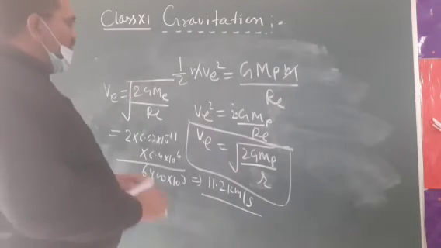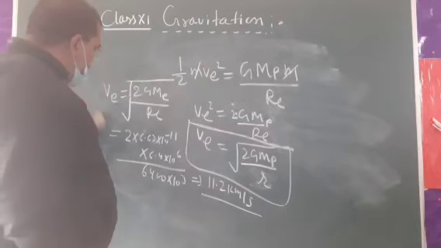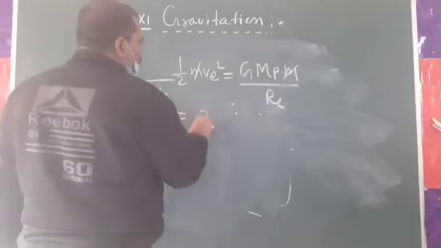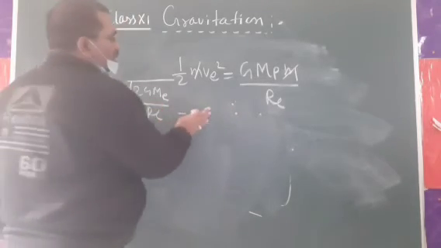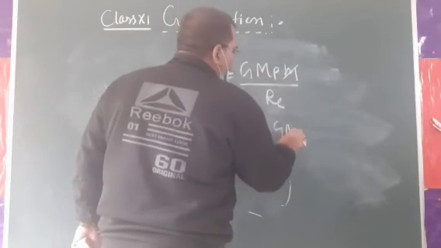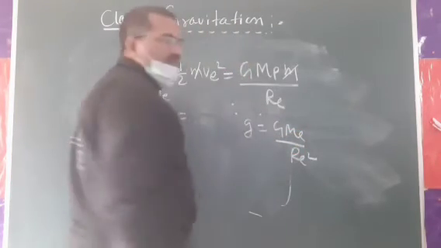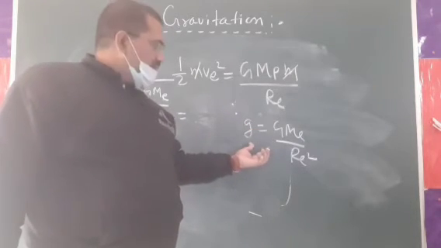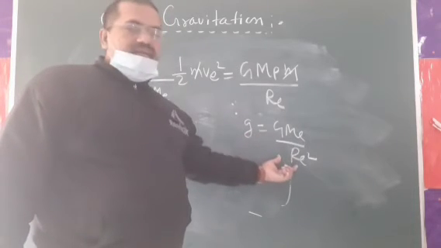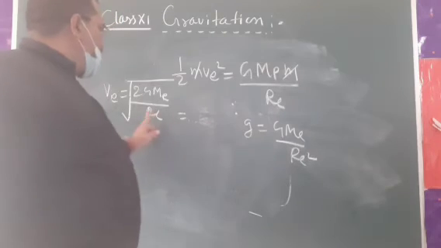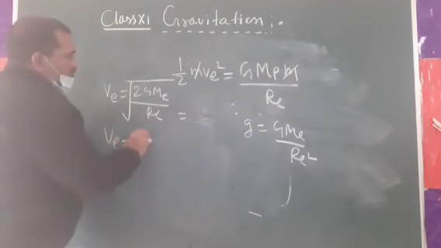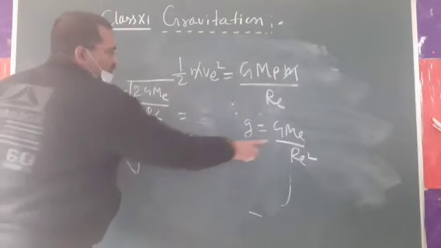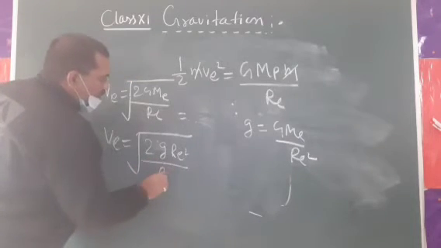One more formula for Earth. As we know, small g equals G M_E upon R_E square. We have already discussed small g equals G M_E by R_E square. So put this value in this equation, you will get escape speed equal to root 2 times g R_E square upon R_E, so G M_E equals g R_E square.